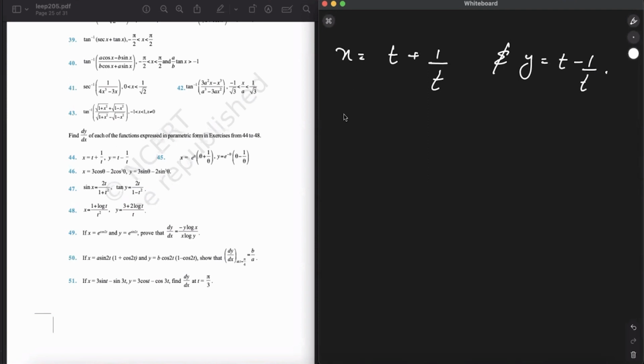So first of all, we get dx upon dt. It will give me minus 1 upon t square, and dy by dt will be 1 plus 1 upon t square.